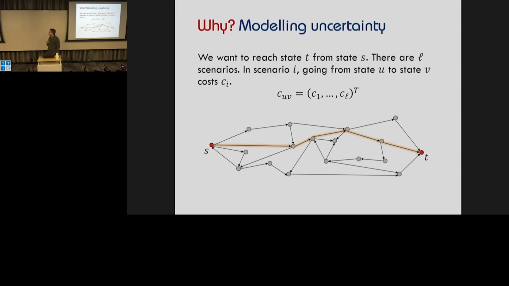In scenario 2, it's C2, and so on. In scenario L, it's CL. And we want to find an S-T path which has a small cost, no matter which of these scenarios takes place. So these are some reasons to study the LP shortest path problem.